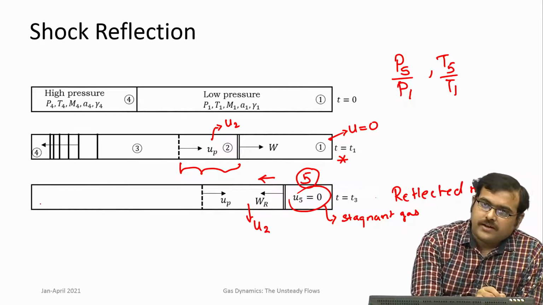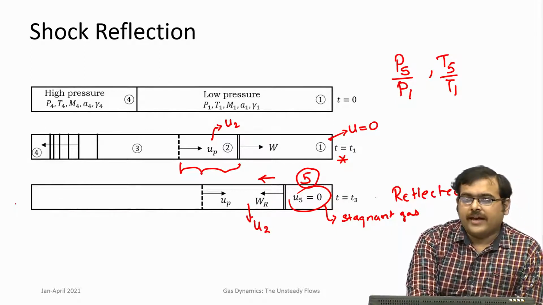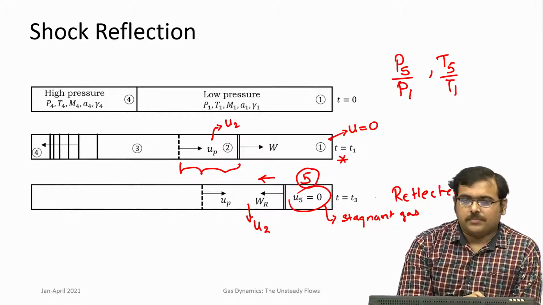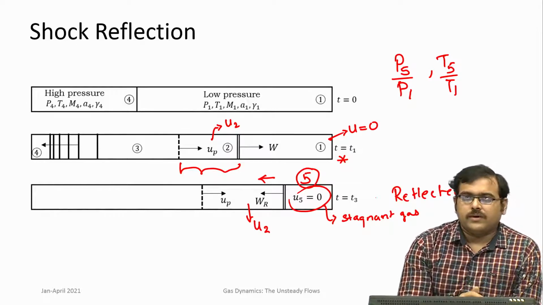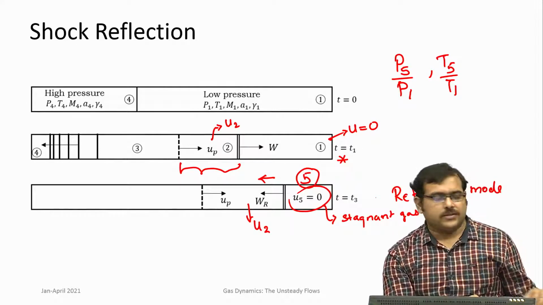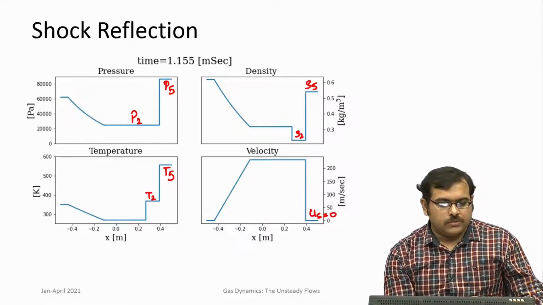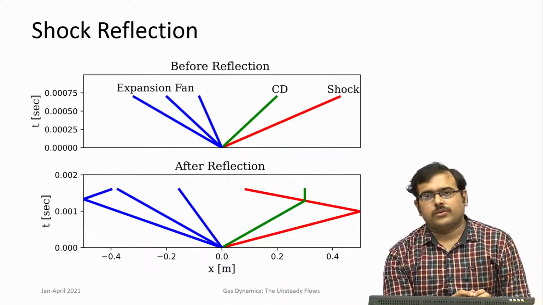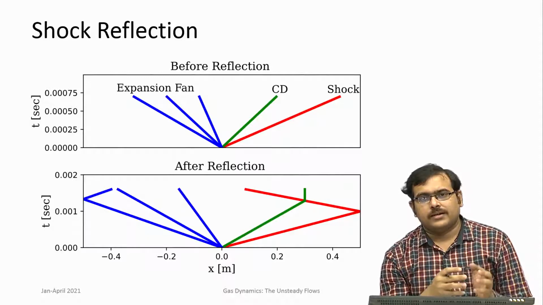The expansion waves similarly can reflect from the driver side end wall, and they continue to expand. So, a shock wave has reflected as a shock, similarly an expansion wave would reflect as expansion waves and further reduce pressure.